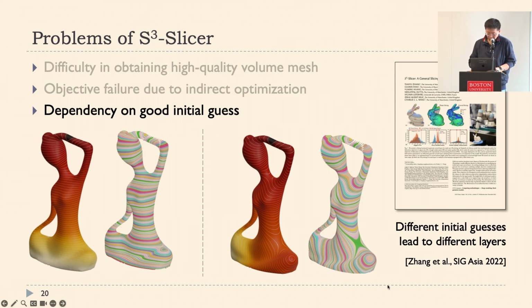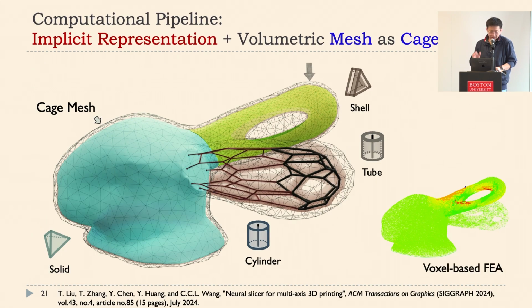And so last year, we proposed a new method, what we call the neural slicer. We're trying to tackle all those things together by using a neural implicit-based representation together with a volume mesh, which works as a cage. Okay? So the idea is very simple. You first of all generate a cage mesh. It does not need to completely follow the original mesh.